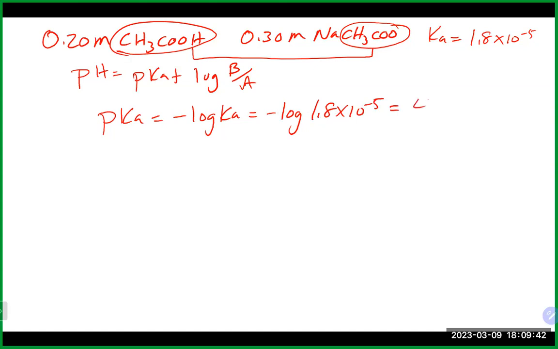That is a 4.74, I believe, when you do it. Now that I have the pKa value, I really have everything I need to solve this. And we do want to make sure that we put things in the proper spot. So we will go pH is equal to 4.74 plus the log. Which one is the base here?